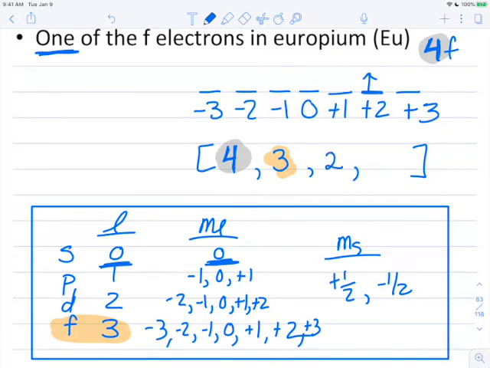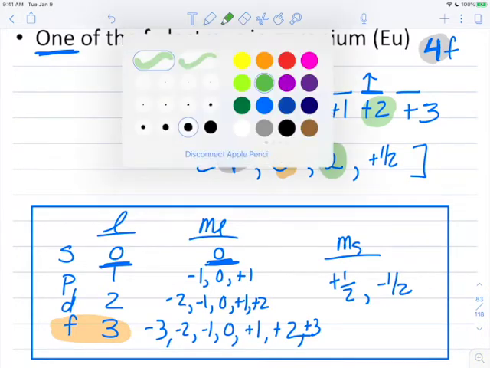Some of you chose a different number, and it's perfectly fine if you want to choose another number. And then I'm seeing plus 1/2 for most of you. If you chose to put your arrow going down, that's perfectly fine. You could have a minus 1/2 as well.